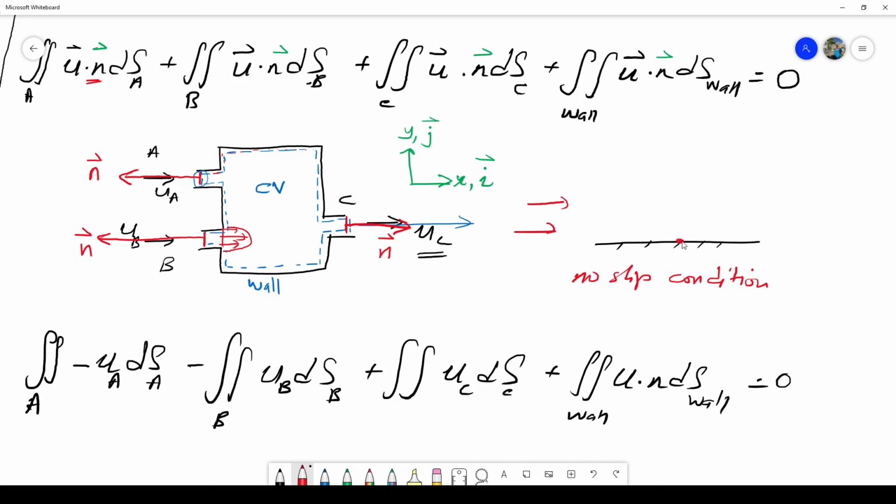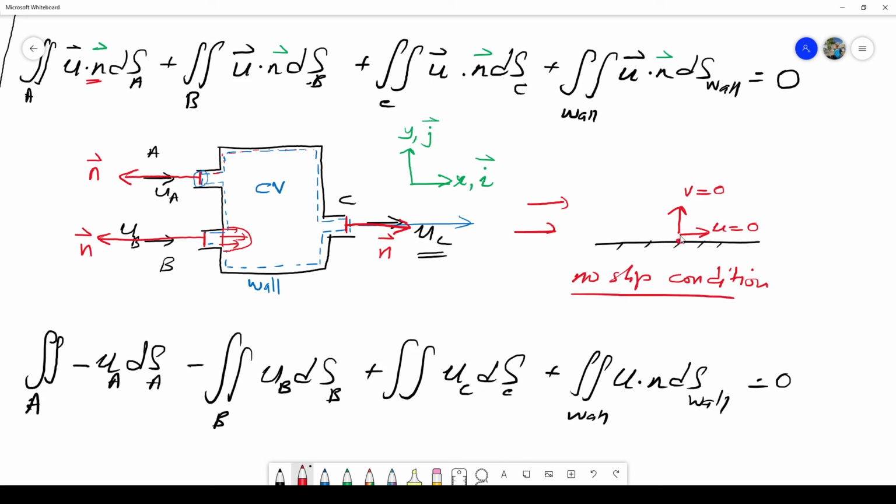The velocity attached to the wall is assumed to stick tightly to it, so that means there will be no velocity in the u and in the v direction. This is what we call the no slip condition.